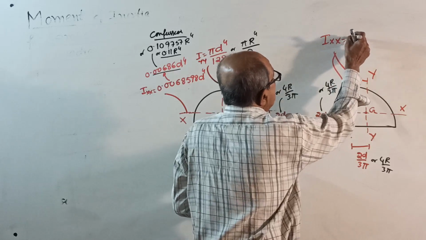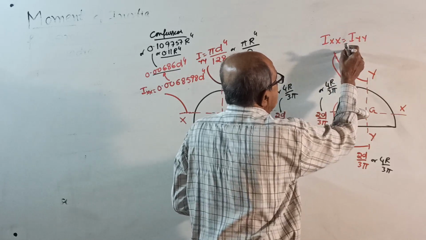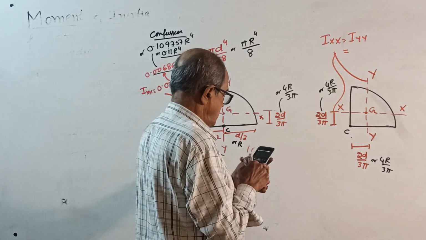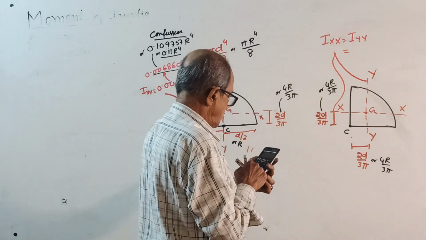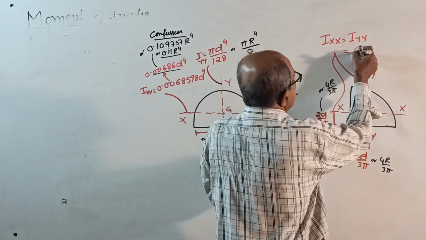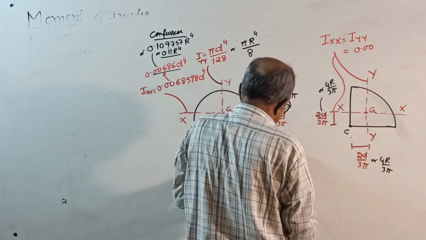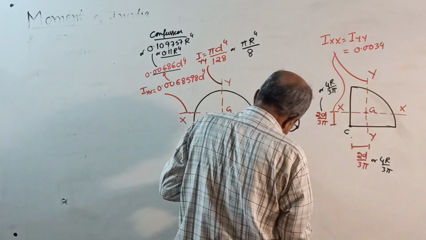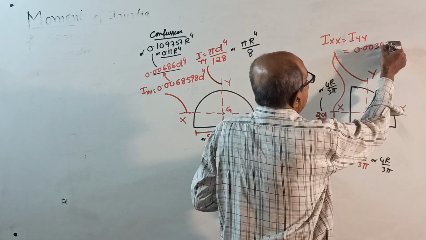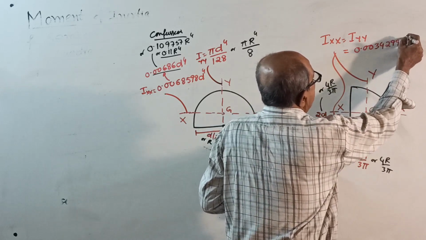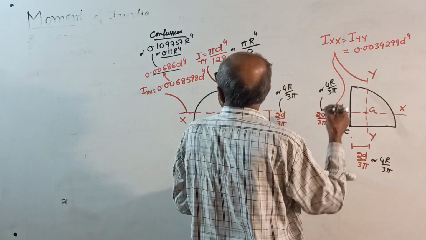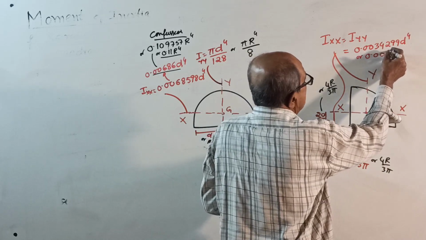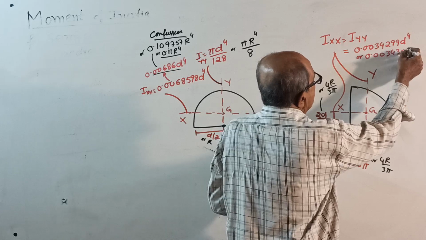I about xx equal to I about yy equals 0.0343 d power 4, or the most popular used is 0.00343 d power 4.